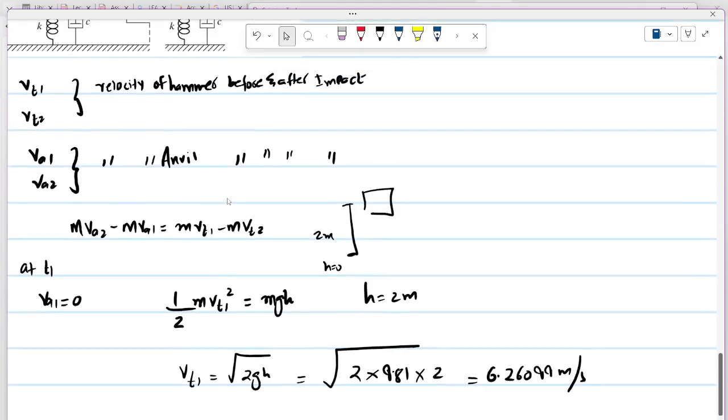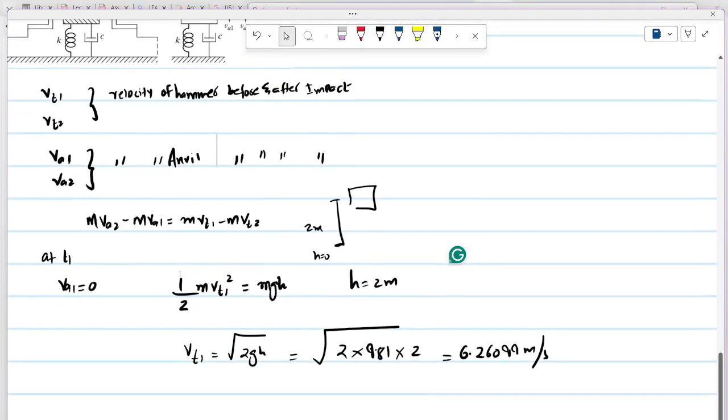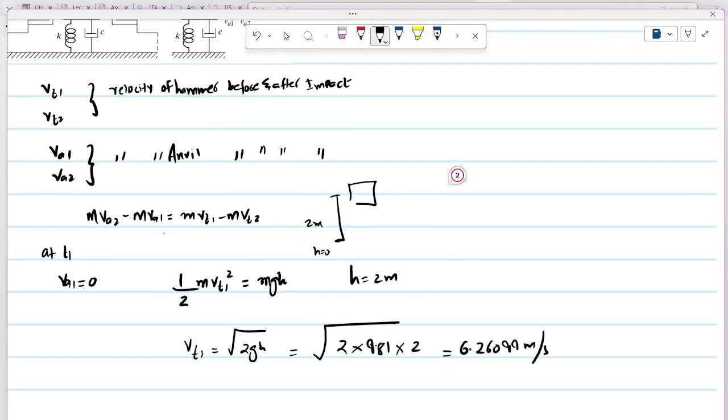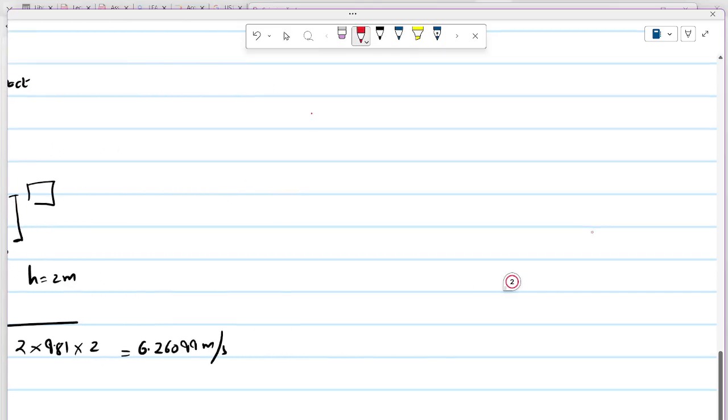So now substituting this into our equation, let's call it equation A. It was m va2 minus va1 equals m vt1 minus m vt2.